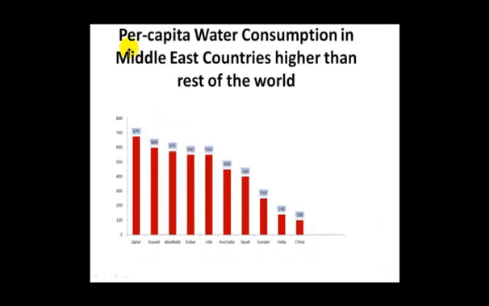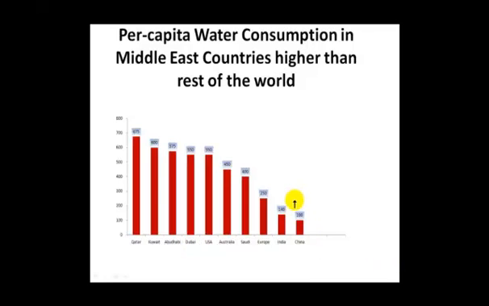Some more statistics. The per capita water consumption in countries like UAE, Qatar, Kuwait, and Bahrain is higher than the rest of the world. Every individual in Qatar consumes 675 liters per day, and every individual in Kuwait consumes around 600 liters per day. In Abu Dhabi it is 575, in Dubai it is 550.